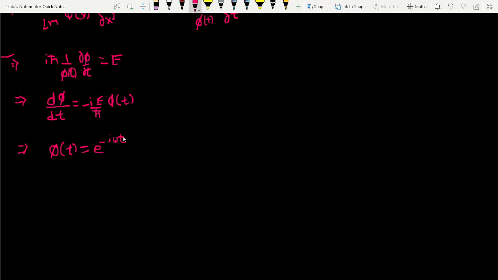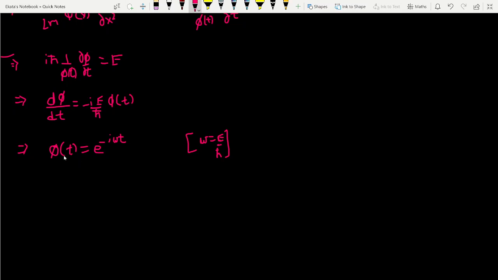So this is what our equation becomes, and you can also write it in this form, where omega is equal to E upon h cut. So I just substituted the value of omega, E upon h cut, and we get our value. This is very simple. So this is our general solution of this expression, phi of t.